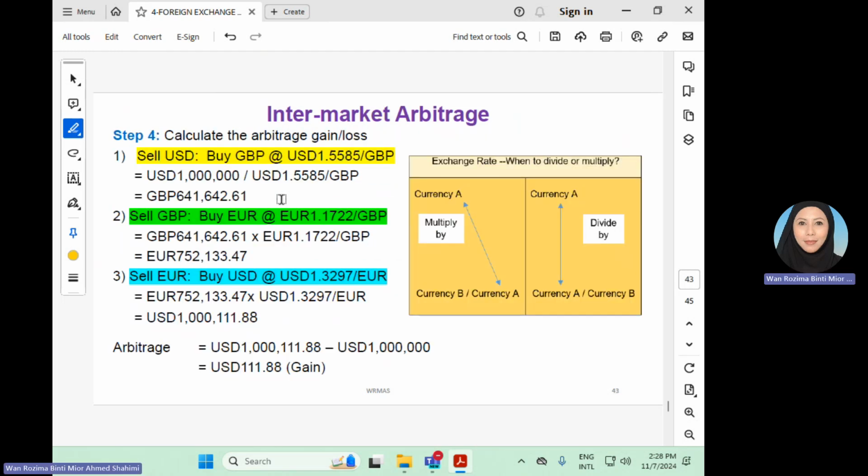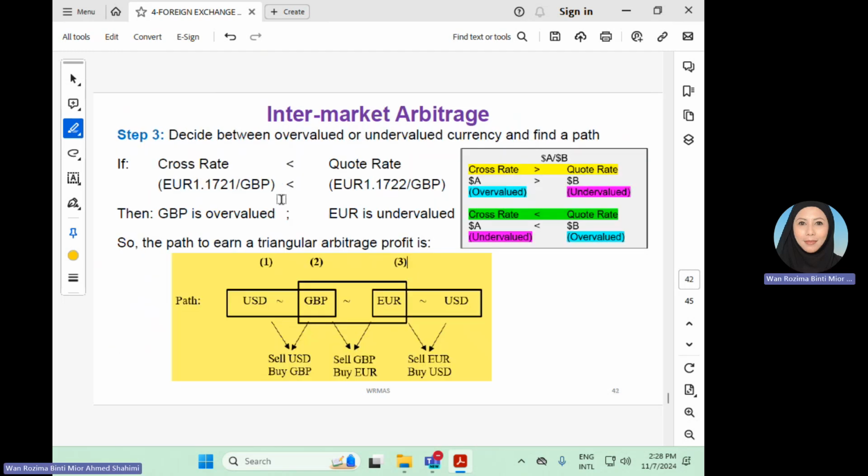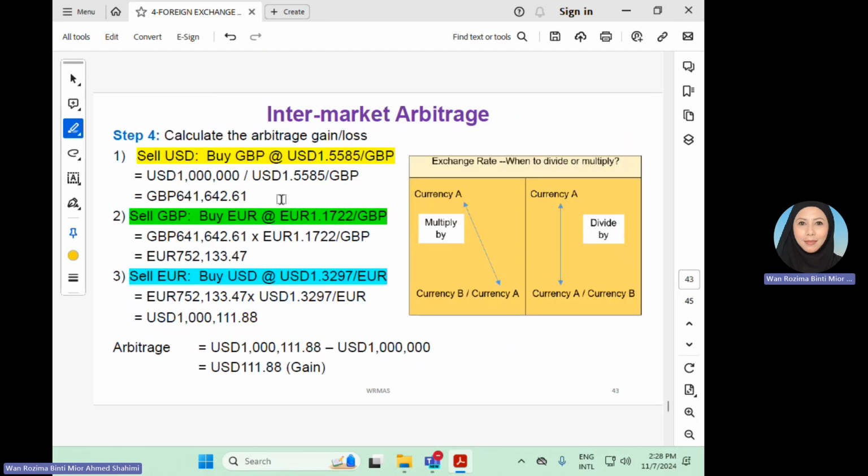So then, remember the steps: USD to British pound to euro, euro to USD. So same thing, USD to British pound, you get British pound, convert to euro, and euro convert to USD. So my initial 1 million divided by the last answer, and then this is my gain, my profit.